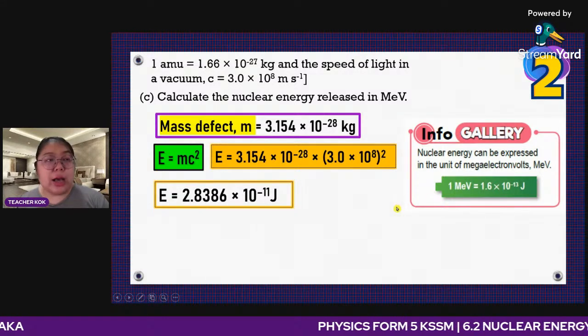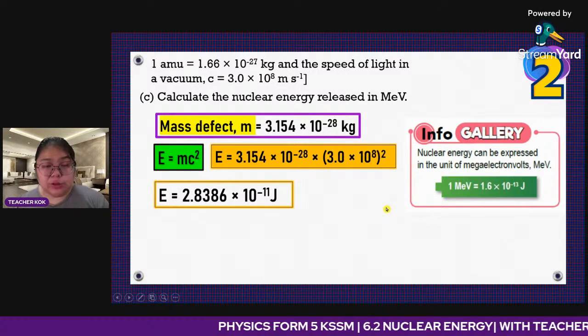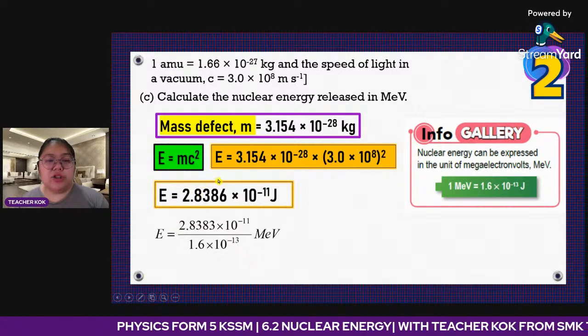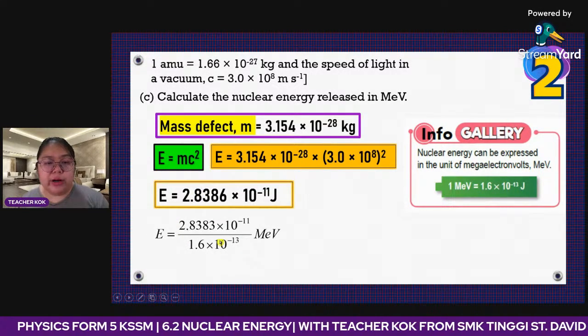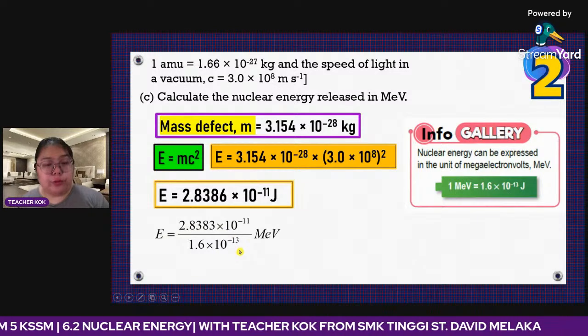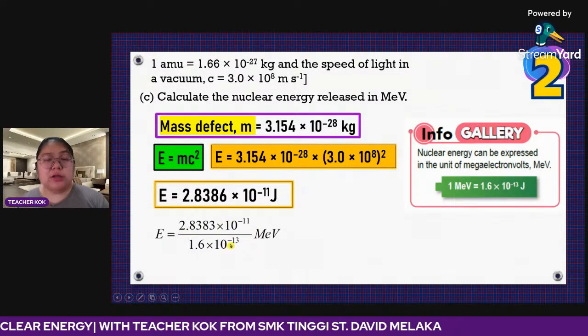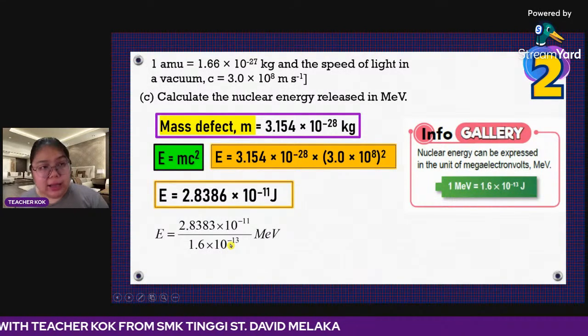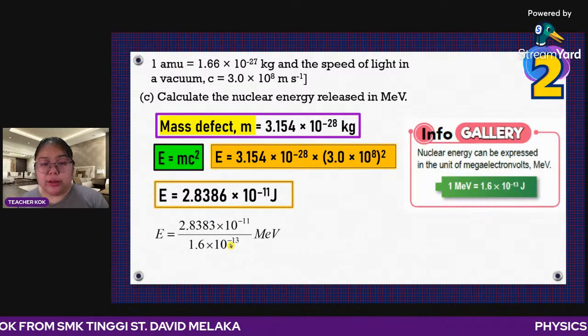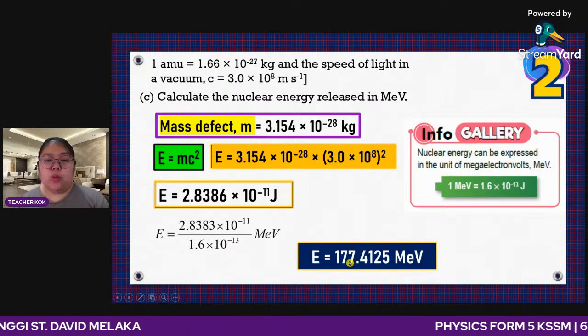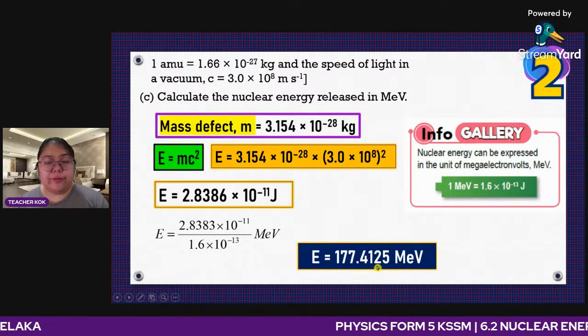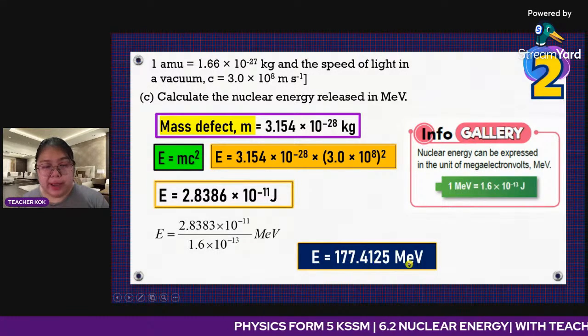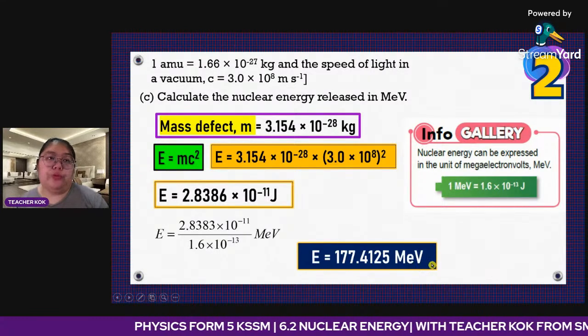So what I need to do is divide. I take the energy over 1 mega electron volt. Finally, I can get my answer in mega electron volt, that is 177.4125 mega electron volt.